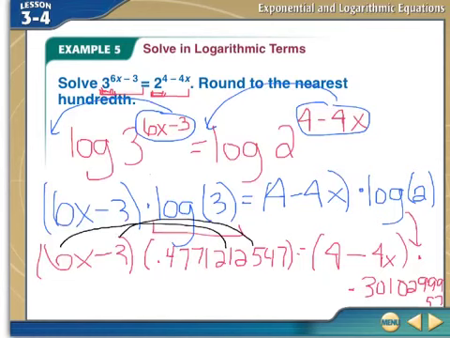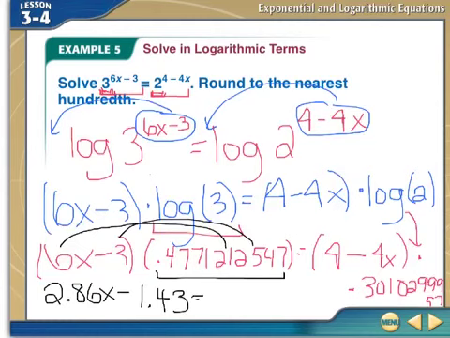Now, what I'm going to do on both sides is distribute that 0.477 to both the 6x and the negative 3. So if I do that and multiply log of 3 times 6, I'm going to round here and say 2.86x minus, I'm going to multiply log of 3, which was this 0.477 number, by negative 3, which gives me 1.43 if I round to the nearest hundredth.